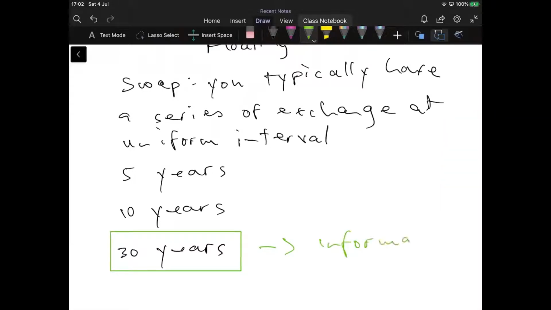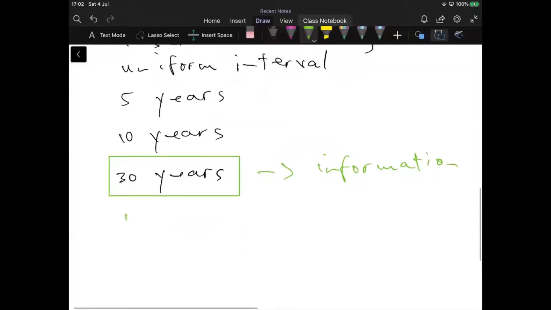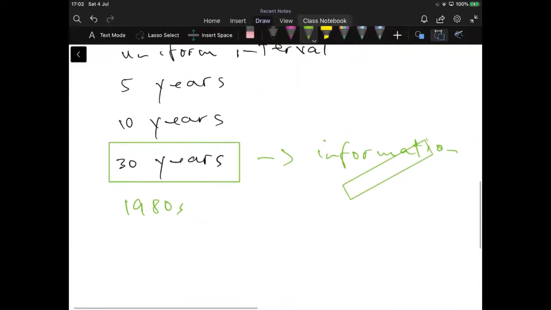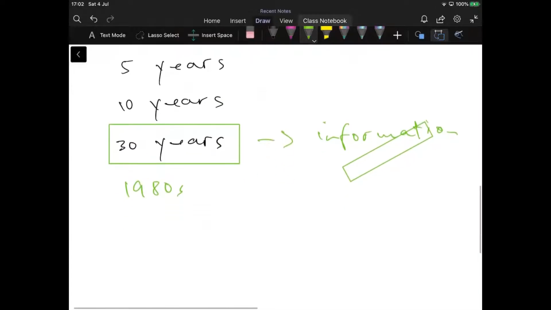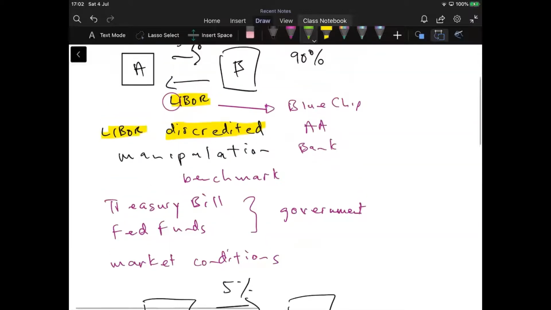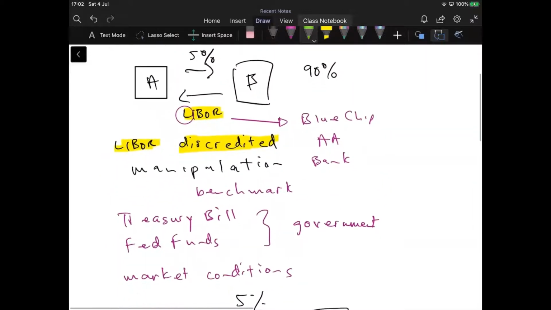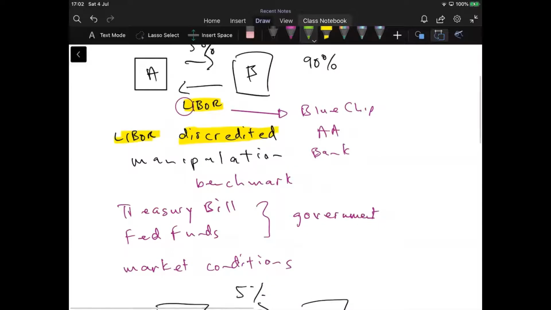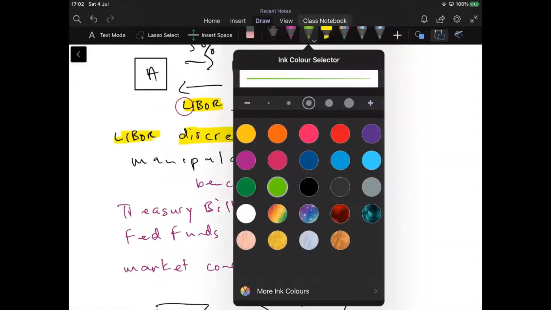So one of the major benefits of the development of the swaps market in the 1980s, many analysts felt, was that the swaps market somehow filled in missing information. And of course, that still continues to be the case, despite our concerns in terms of manipulation of the LIBOR interest rate.